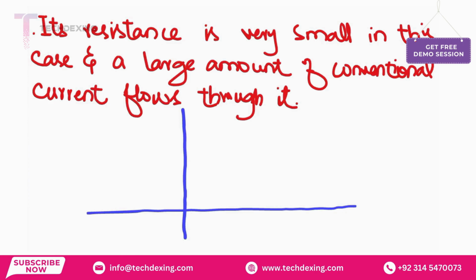Let me draw the curve on the slide, and then I will tell you what this curve means. On the x-axis we have taken the voltage, and on the y-axis we have taken the current, and the graph looks just like this.